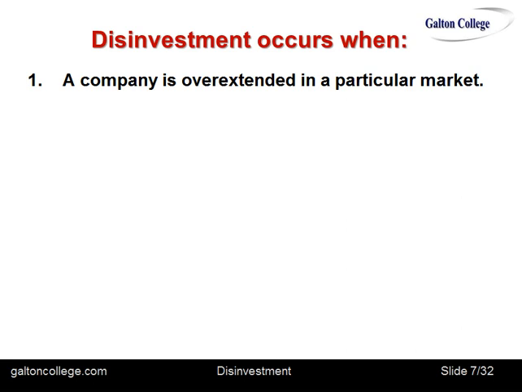So a company may have too many resources committed to a particular market, so it wants to diversify a bit more. It wants to reallocate resources so as to diversify risk, for example. Perhaps opening a second line of production, a different product, opening a different market, diversifying just in case.